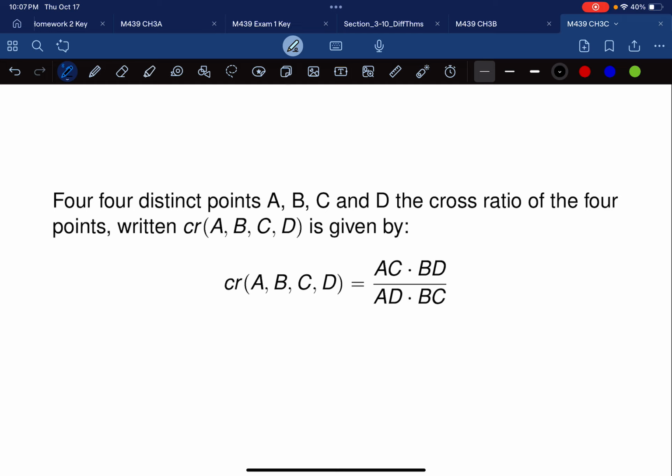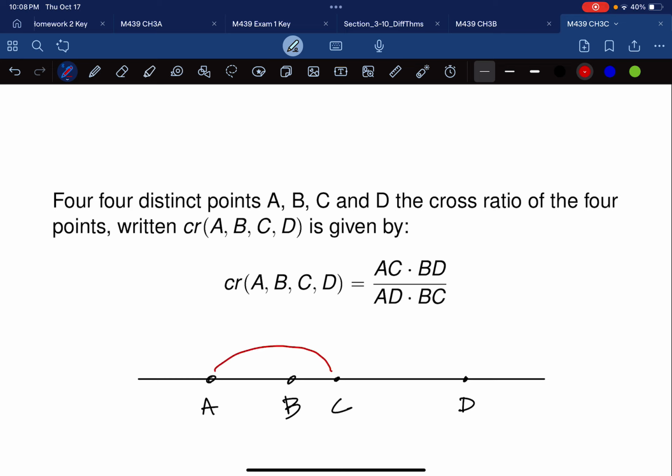It's a ratio: the distance A to C times the distance B to D, over the distance A to D times the distance B to C. So if these 4 points are on a line like this, A, B, C, and D, then on the top of the fraction you have this one and this one, over what's on the bottom, which is A to D, this one and this one.